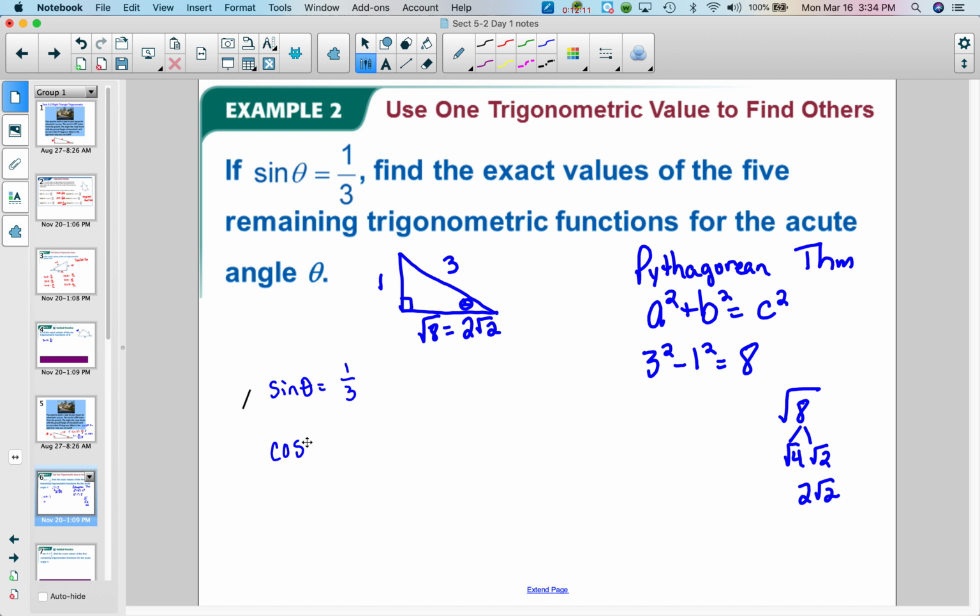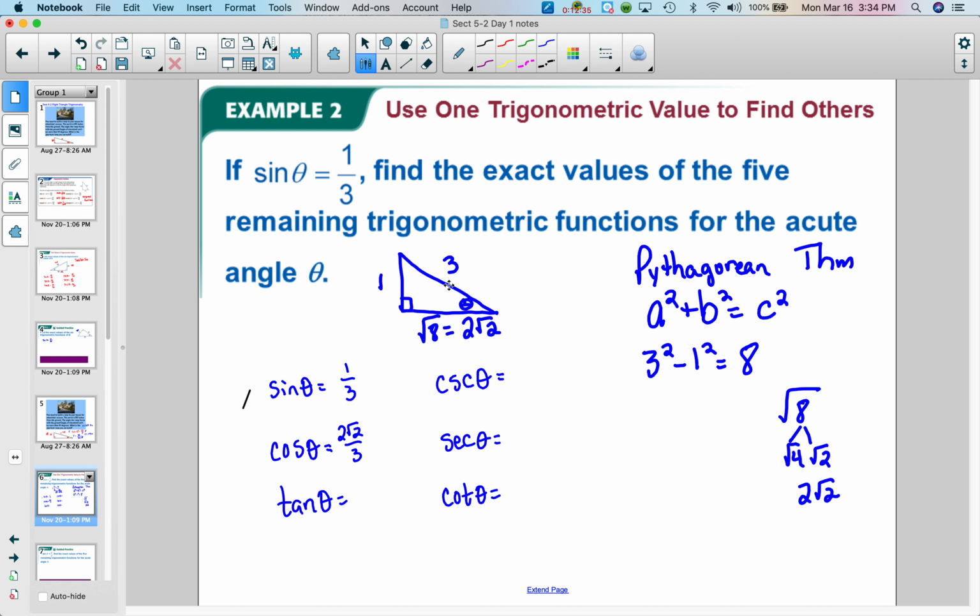We need cosine theta, tangent theta, cosecant theta, secant theta, and cotangent theta. So cosine theta is going to be 2 root 2 over 3 because it's adjacent over hypotenuse. So we get 2 root 2 over 3.